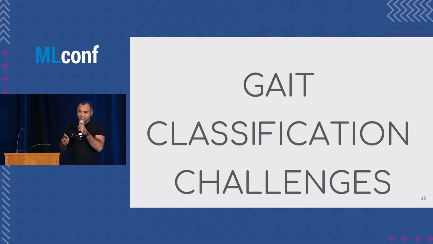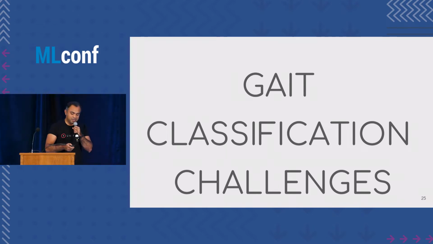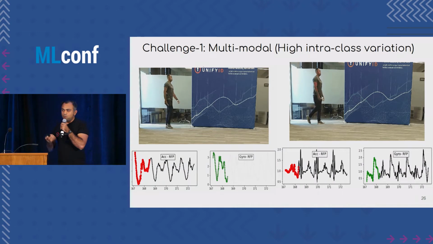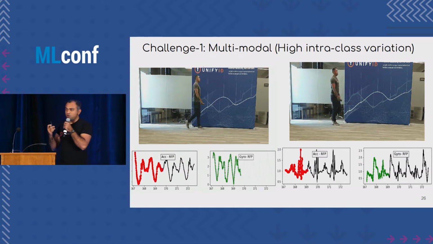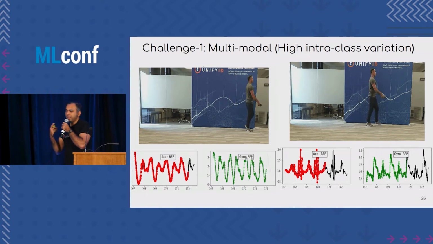So what are the idiosyncratic challenges in gait classification that you may or may not see in the classical computer vision context? First and foremost, there is a tremendous amount of intra-class variation. One class here is one human being behind the device.